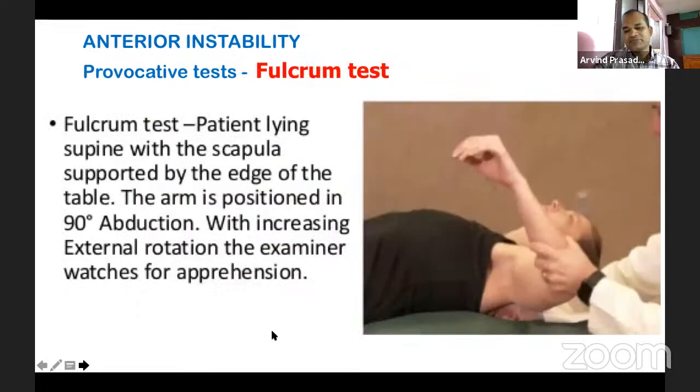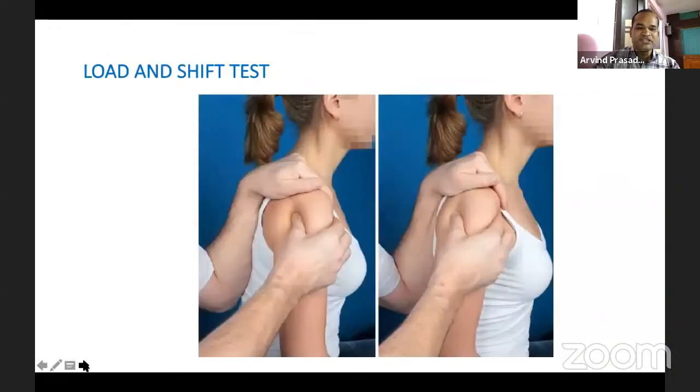Next test is the fulcrum test. Again, the hand is placed under the shoulder joint in 90 degrees of abduction, and when further external rotation of the shoulder joint is done, the patient's apprehension will be appreciated. Next is the load and shift test, which is a quantitative test.